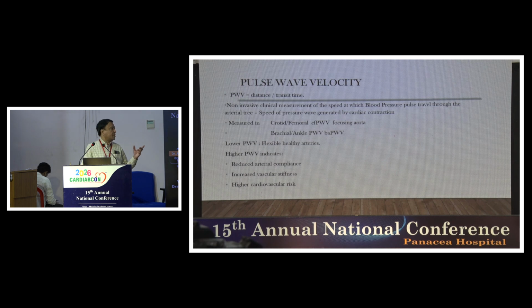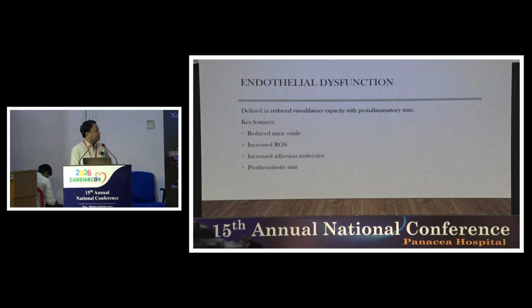Now, if the pulse wave velocity is lower, the arteries are softer and flexible. If pulse wave velocity is higher, it indicates reduced arterial compliance, increased stiffness and high cardiovascular risk. It means stiff arteries make the pulse wave go faster along the arterial tree.